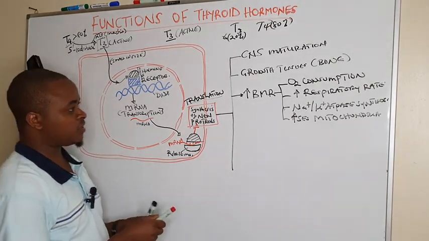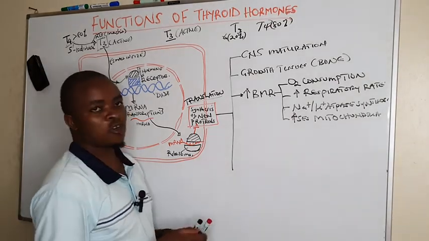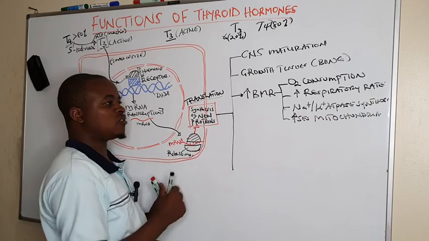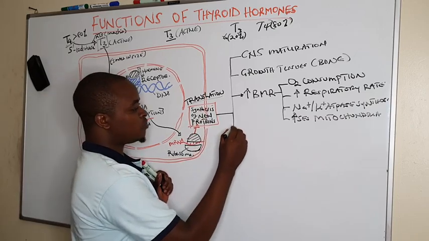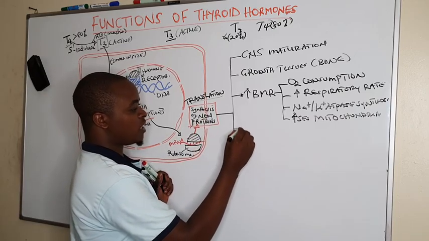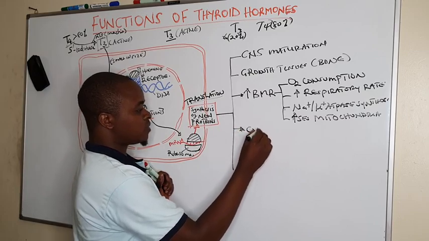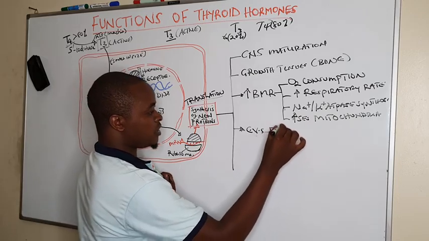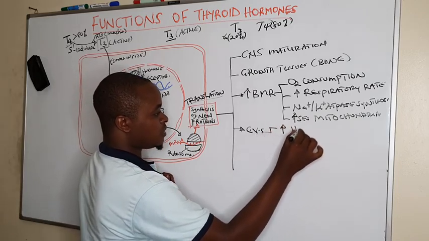And the effect of these hormones, T3 and T4, after triggering synthesis of new proteins, is that these new proteins can have an effect on the cardiovascular system, whereby they can increase heart rate.